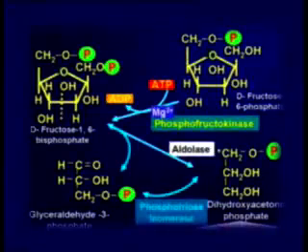Remember that all molecules of dihydroxyacetone phosphate eventually get converted to glyceraldehyde 3-phosphate. So how many molecules of glyceraldehyde phosphate do we have? 2 molecules. For every molecule of glucose, you end up getting 2 molecules of glyceraldehyde 3-phosphate because you're already forming one glyceraldehyde 3-phosphate and the other one is from dihydroxyacetone phosphate.